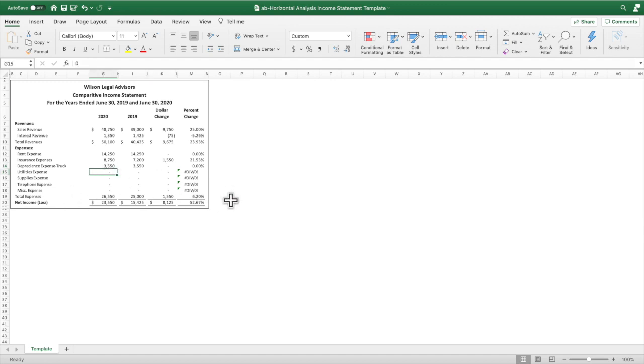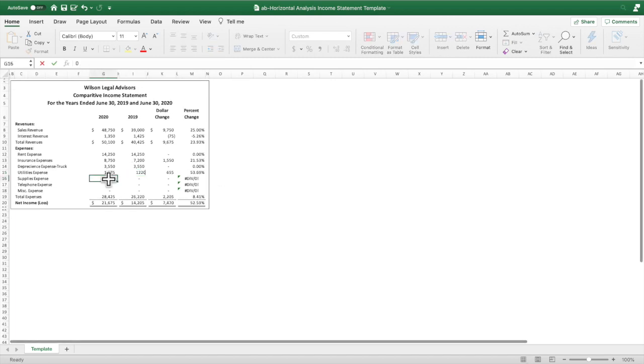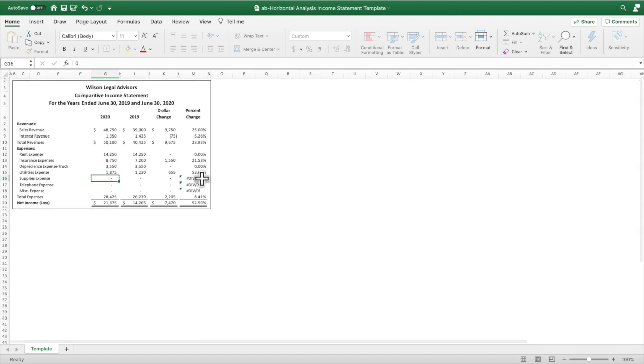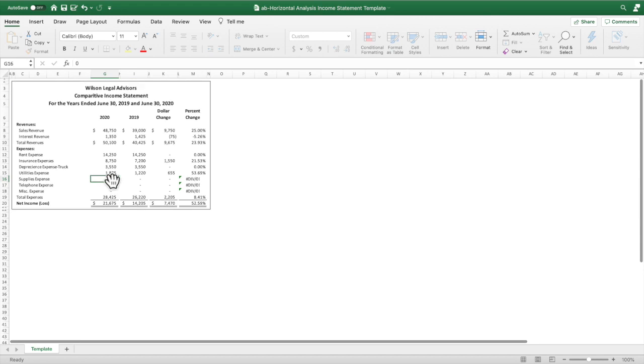Utilities expense. Our utilities expense in 2020 was $1,875 and $1,220 in 2019. So we see a 53.69% change there.